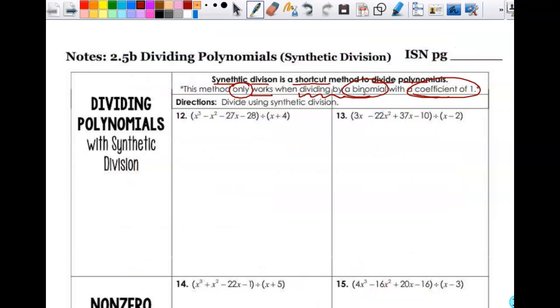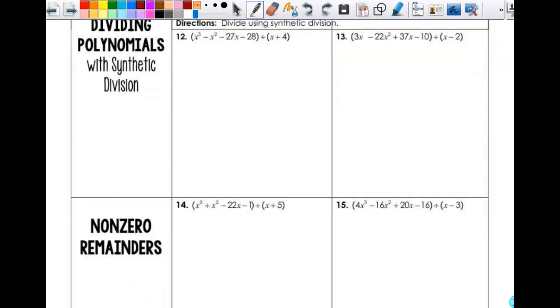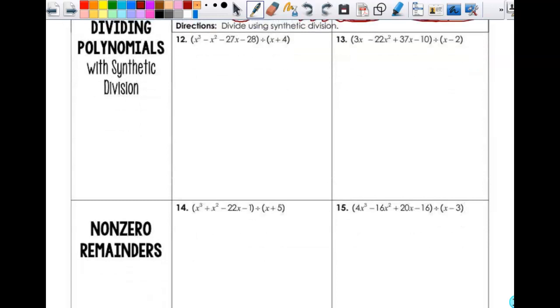All right, so let's look at how this works. As a reminder, because this should be a review. On number 12, we have this polynomial divided by this one. I don't use variables in synthetic division, so I'm not going to actually use this as the divisor. This is my factor, but my actual zero would be -4. The solution to that would be -4.